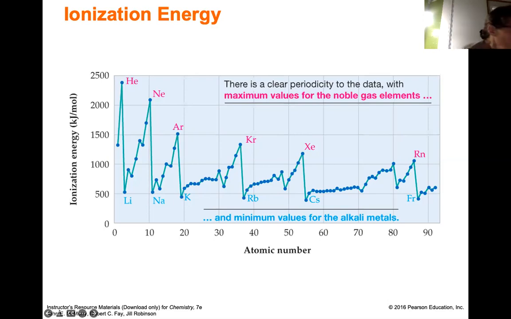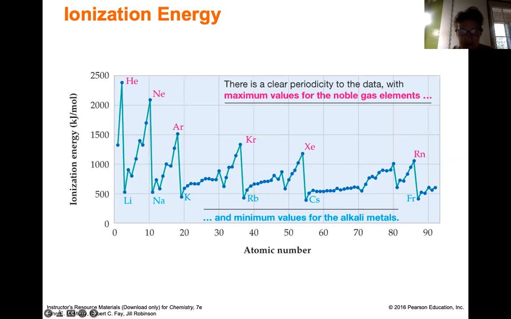Whereas when you get way over to radon, it has the same outer shell electron configuration, but the electrons are much further away from the nucleus, so it's going to be easier. And as you go across the period, it tends to be that as you go from left to right, the ionization energy goes up, because the atoms are shrinking.